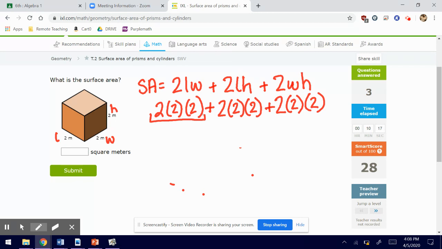So 2 times 2 times 2 is going to be 8. That means this part's 8, this part's 8, and this part's 8. So then I'm going to add 8 plus 8 plus 8, and you get 24. So that means my answer is going to be 24.